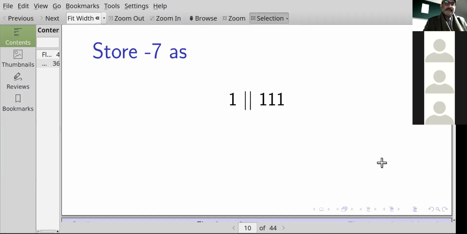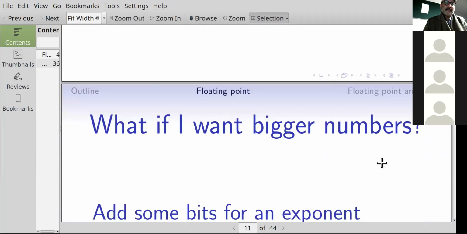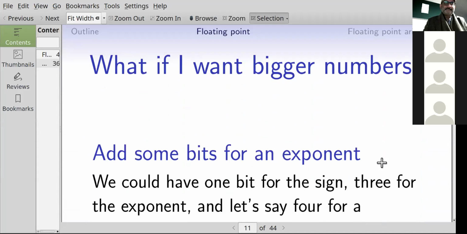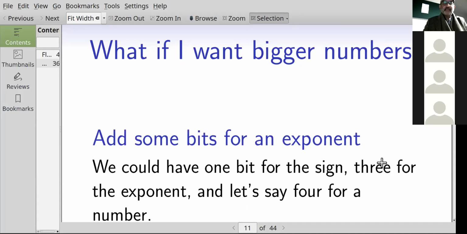Now, what if I want even bigger numbers? Then you might say, well, you had 3 bits before, what about trying 4 bits? I can then store bigger numbers.